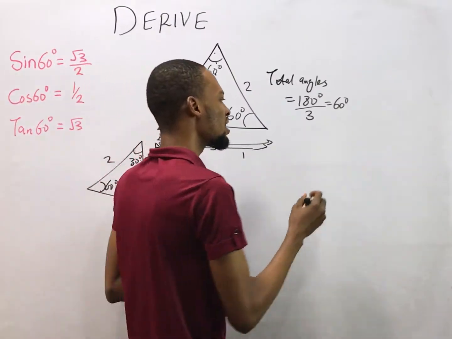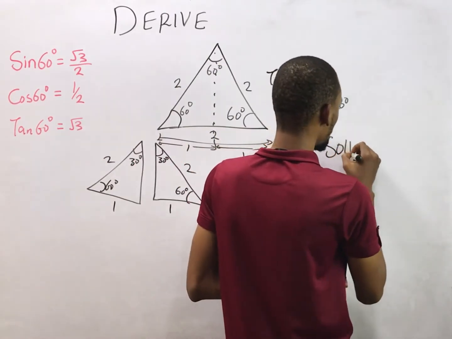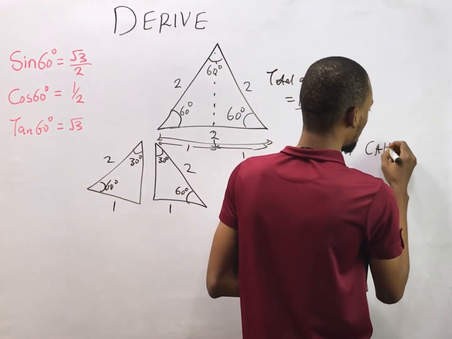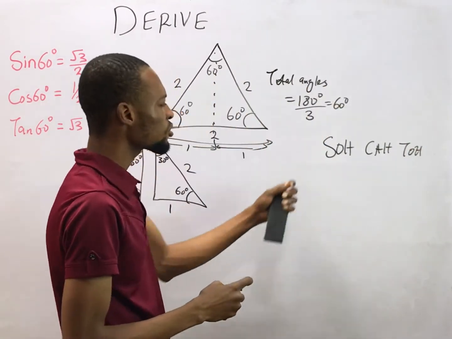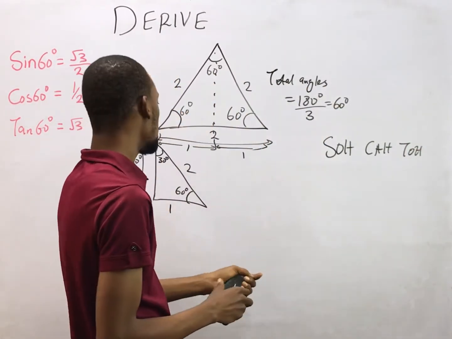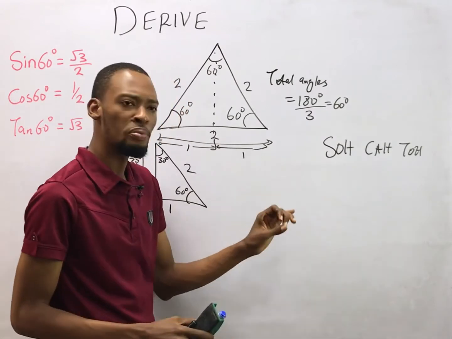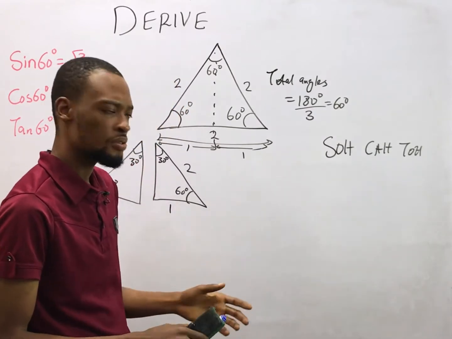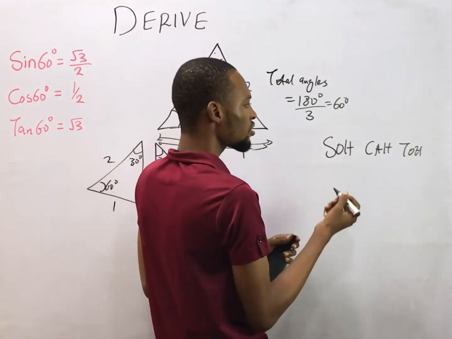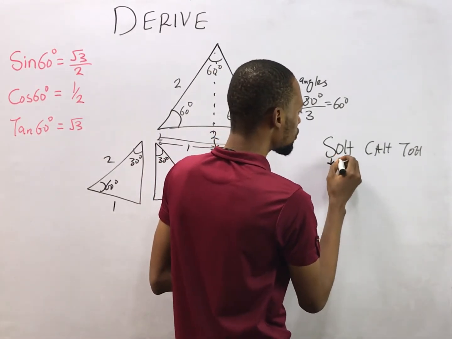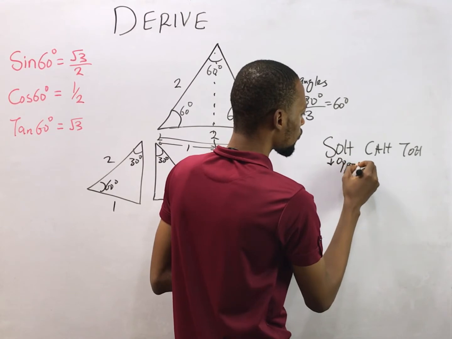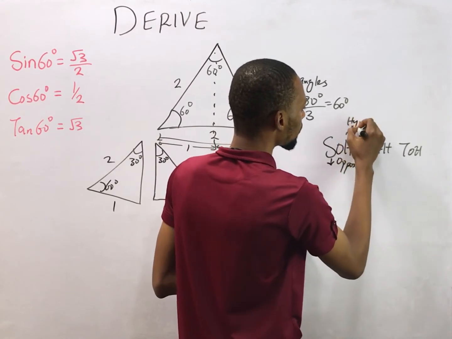Now, look at something else. SOHCAHTOA. Dealing with trig ratios, SOHCAHTOA is very important because it helps us to know the operations of each trig ratio. For example, in SOHCAHTOA, this represents sine, this represents opposite, and this is hypotenuse.